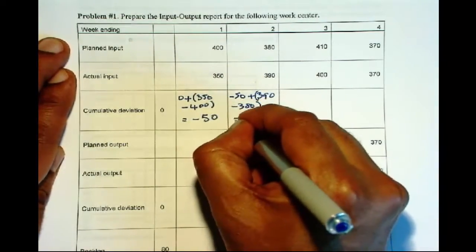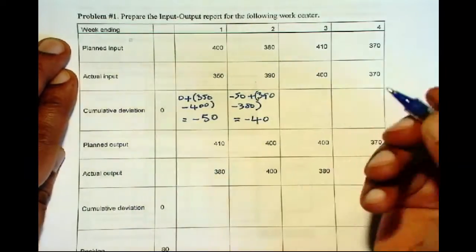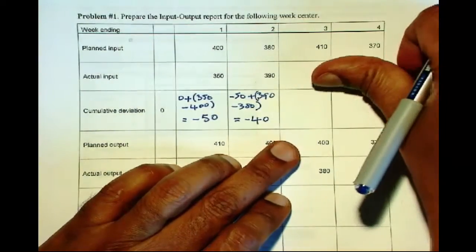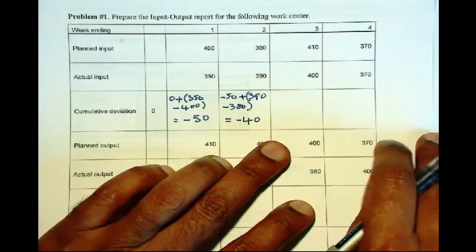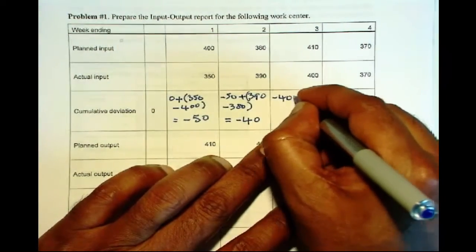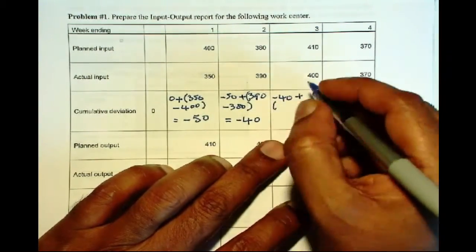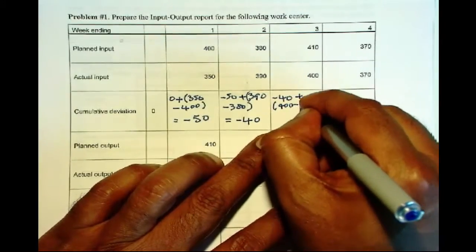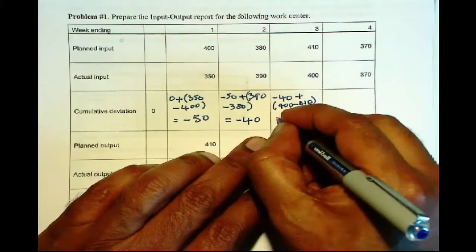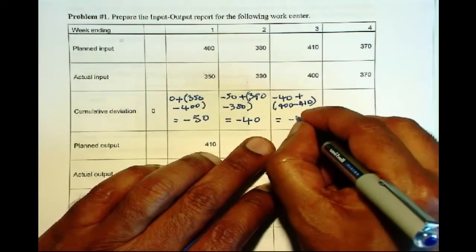This gives us minus 40. So we continue in the same way for week 3. Minus 40 plus 400 minus 410 gives us minus 50.